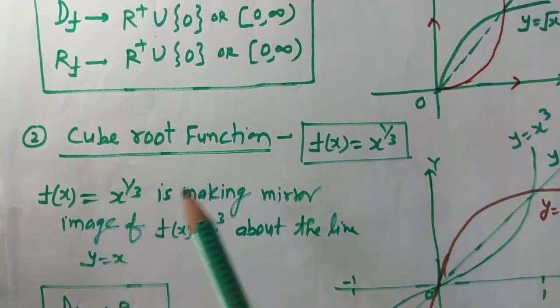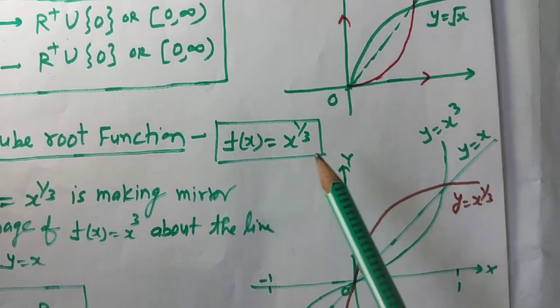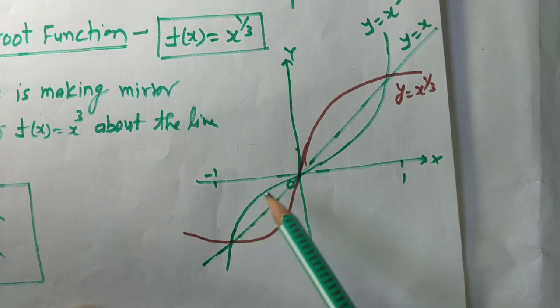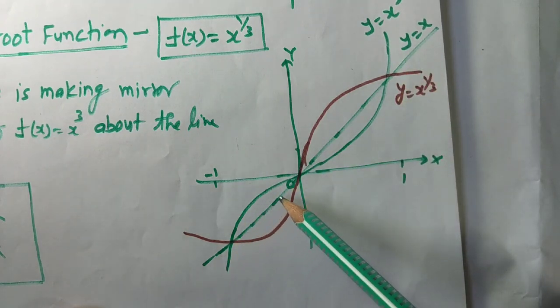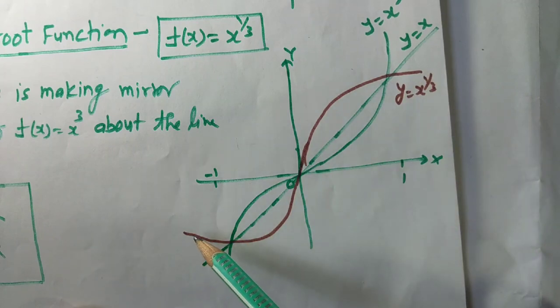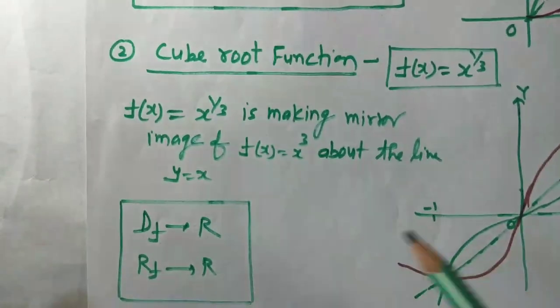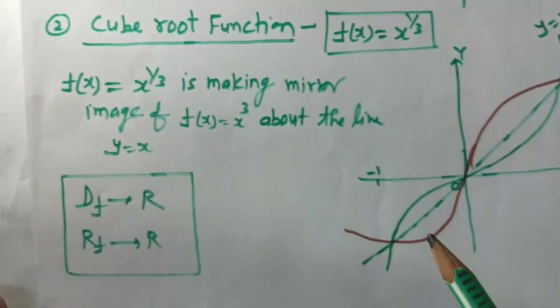After that, the same form, the cube root function. It may have f(x) = x^(1/3). Again we have the graph. If we look at the graph, this one is y = x³, we already know the graph. Then we make the mirror image about y = x, and it becomes y = x^(1/3). So here x positive direction, negative direction, y positive, y negative.